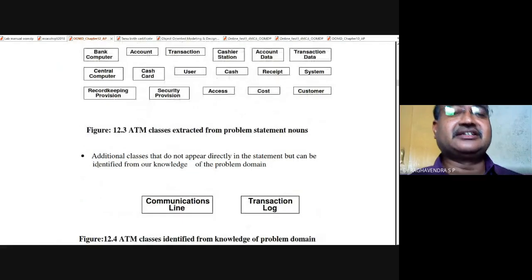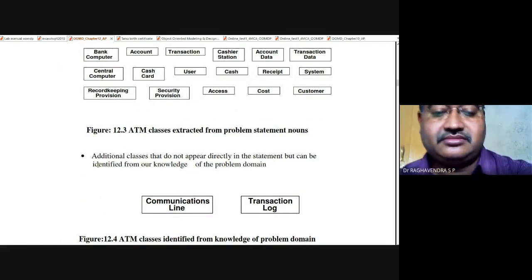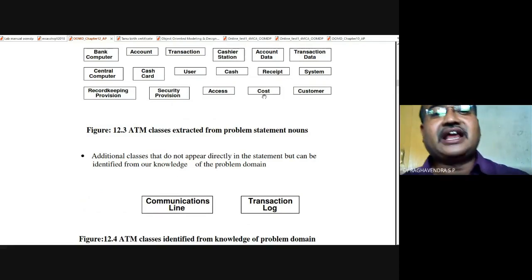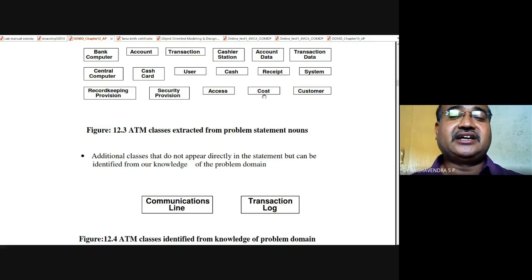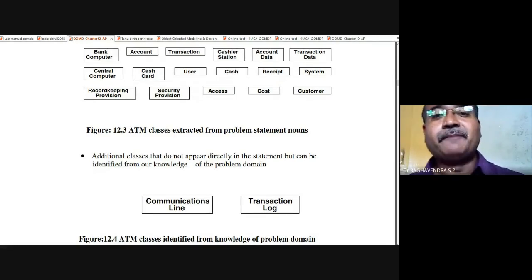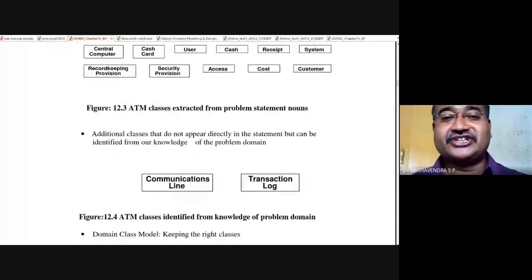Now, additional classes. Some of the classes may not be considered in the initial cases. Classes which were ignored due to some reasons can be reconsidered in the later stages. For example, here we have another class called communication line.